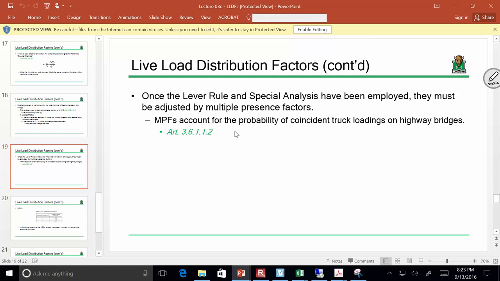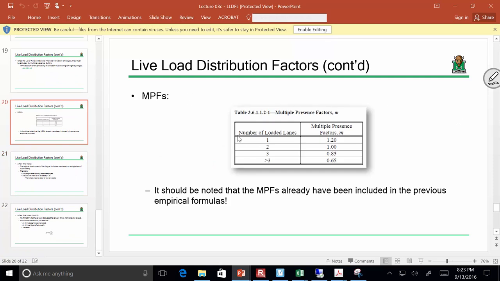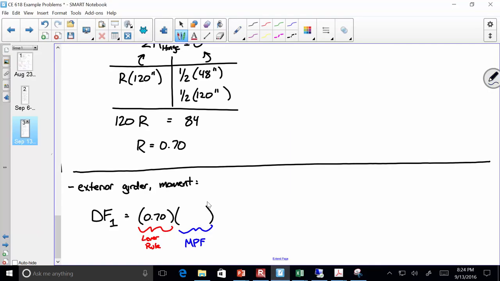And for one lane loaded scenarios, we up our multi-presence by 20%. So since we're talking about a single lane loading, our multi-presence factor is 1.2. Make sense? Everybody okay? So I propose this needs to be 1.2, and that makes that 0.84.